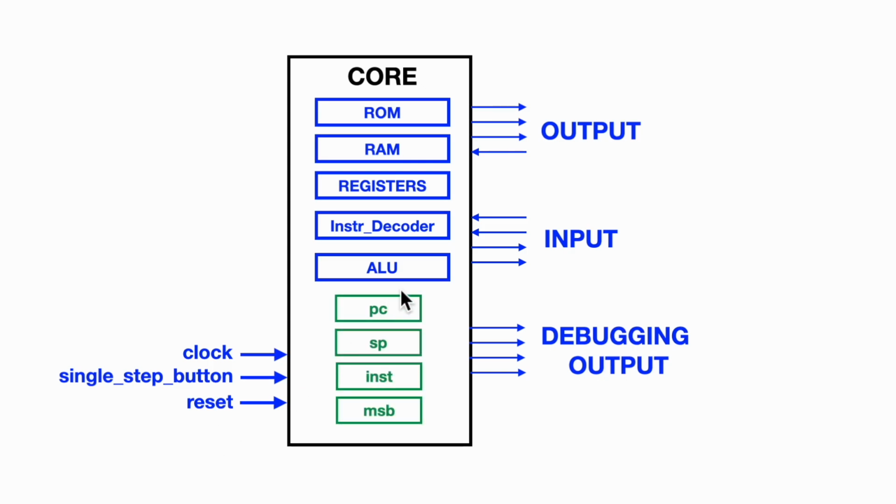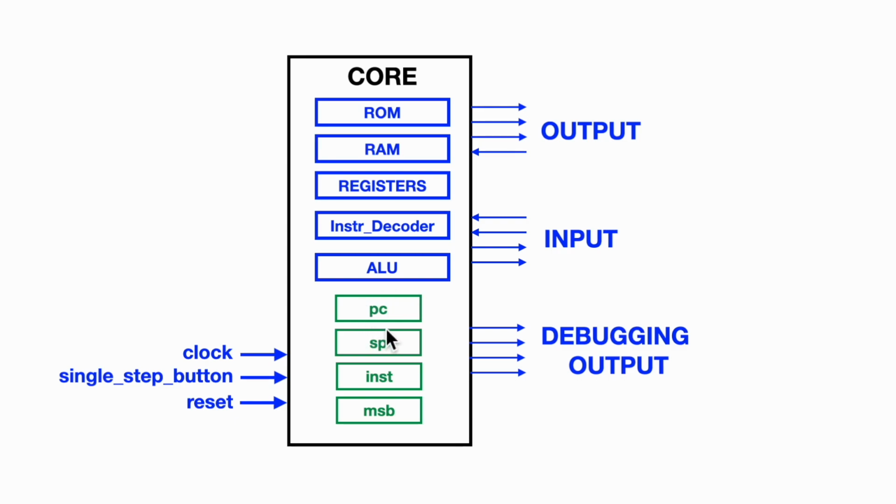So now let's look at the additional state. Of course, the RAM, the registers contain state, but in addition to the values in the registers, we also need a program counter, a stack pointer, and we will also have an instruction register and a register which I call MSB for most significant byte.